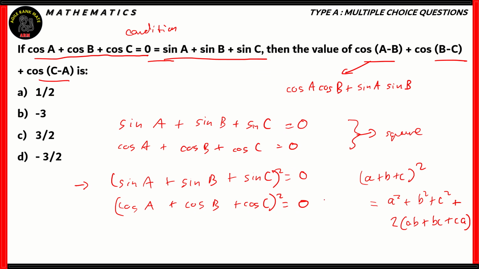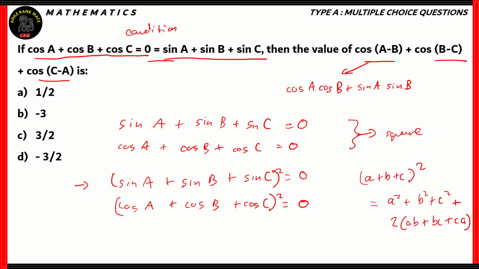So, what are we going to do? We're now going to use this algebraic expression on both of these equations. So now both of these equations would read thus. On the left-hand side, we will use the formula (a + b + c) the whole squared.